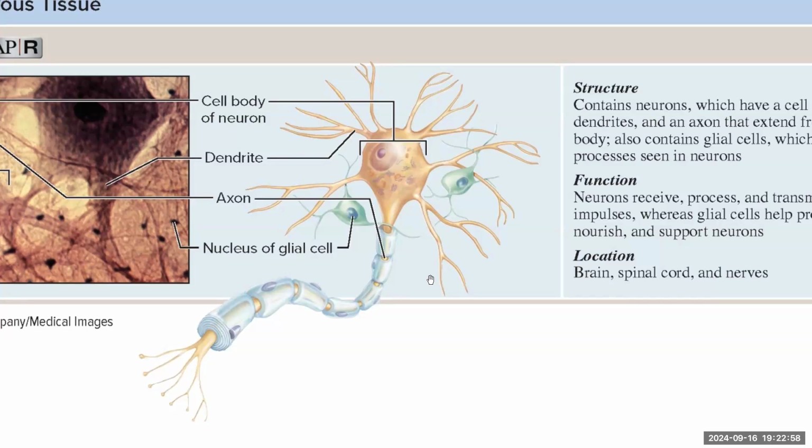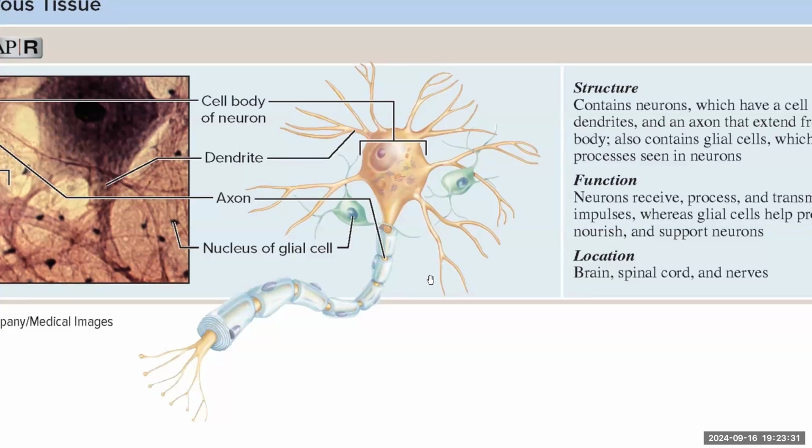At the end, you'll notice these little nubs or bulbs, called the synaptic end knobs or synaptic knobs. They store what we call neurotransmitter inside. A nerve impulse can trigger the release of that neurotransmitter, and it goes either to another neuron or onto what we call an effector.